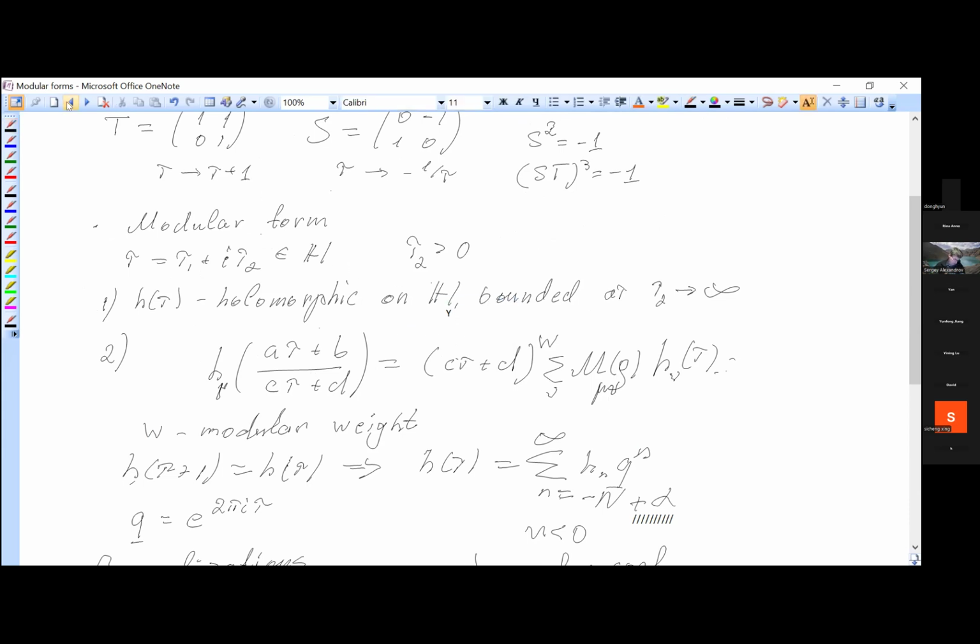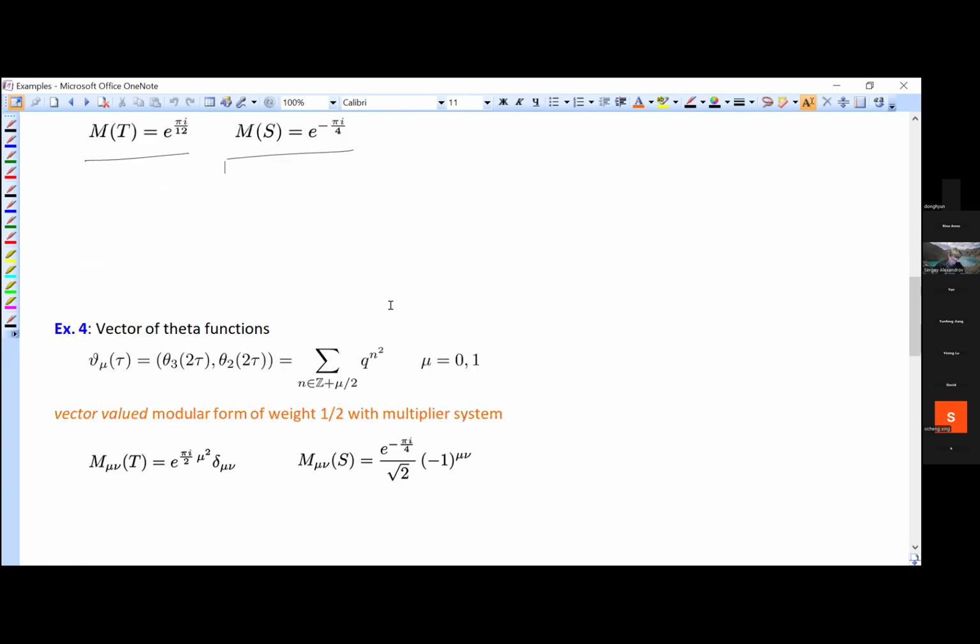And again, let me give you an example of such a situation. Let's consider a just two-dimensional vector constructed from the Jacobi theta functions. You know there are four Jacobi theta functions, theta 1, theta 2, theta 3, theta 4. So let's take two of them, with the argument 2 tau, or in other words, we can also write them as such a sum where mu takes two values, 0, 1.